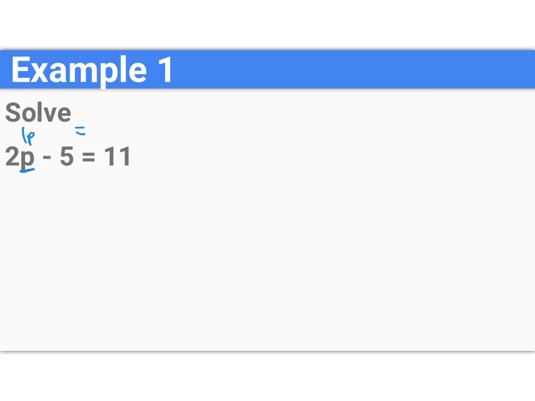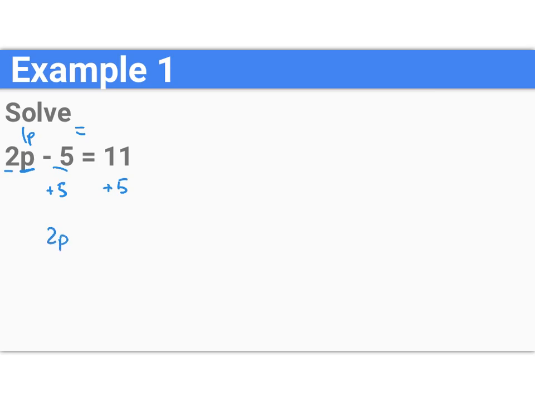The coefficient in front of the variable needs to be positive 1, and it needs to be by itself on one side. So now we have to talk about moving the numbers. We have to move the 5 and we have to move the 2. So the first thing we're going to start with is the 5, because it's subtracted. And the first thing we have to do is do the opposite. So the opposite of -5 is +5. So we're using the additive inverse property.